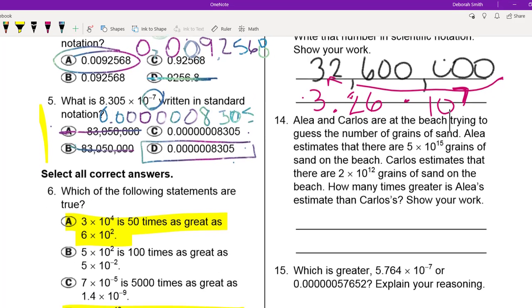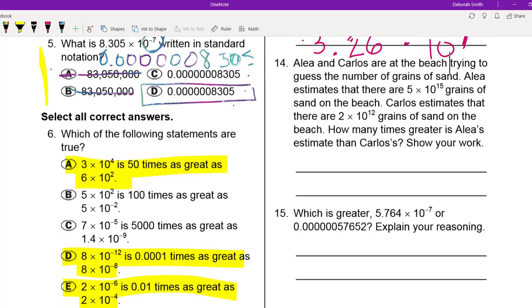On this one, number 14, you're going to take this one and divide it by that one because it says how many times greater. So it's 5 times 10 to the 15th divided by 2 times 10 to the 12th.